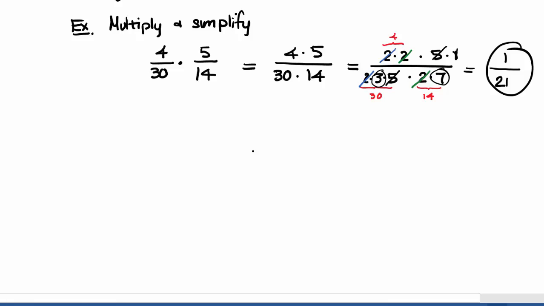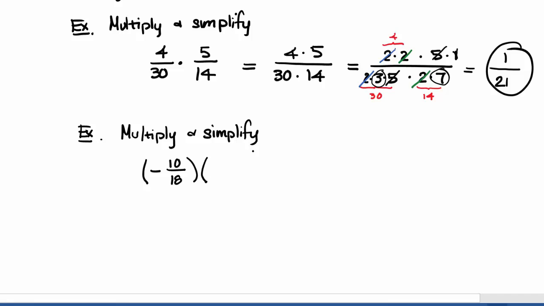Okay, it's the same thing if I have two negative fractions. Multiply and simplify. If I have negative 10/18 times negative 21/35.